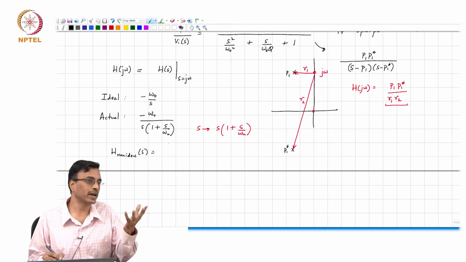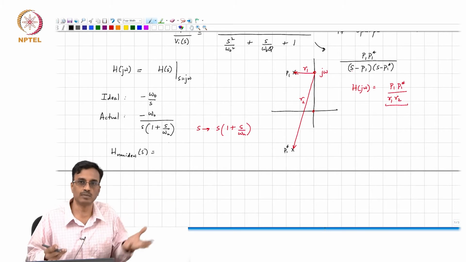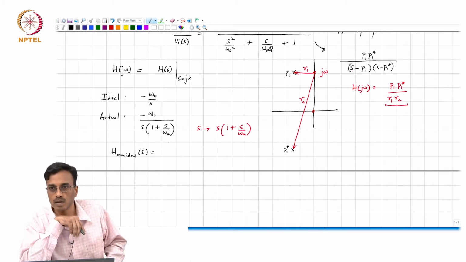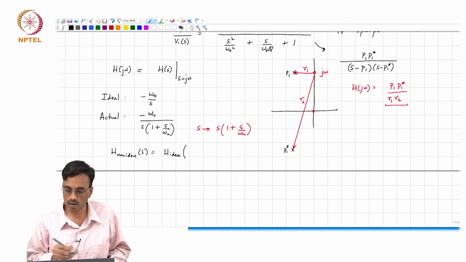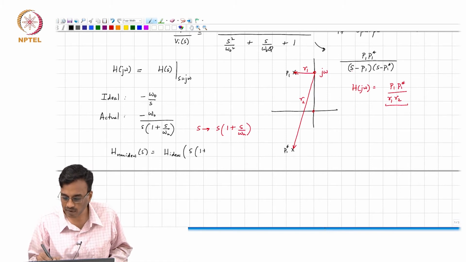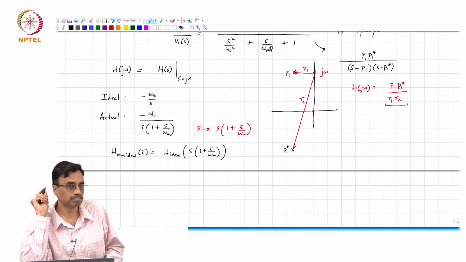So now how do you express the non-ideal transfer function in terms of the ideal one? H ideal of S times 1 plus S over omega u. Correct? Does it make sense?